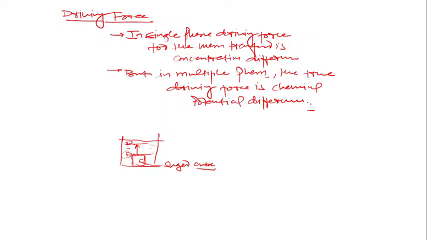Why? Because the water molecules just on the surface of the sugar cube will be saturated. So here the driving force is the difference in concentration. The more the difference in concentration, the more the mass transfer. But it is only a driving force.